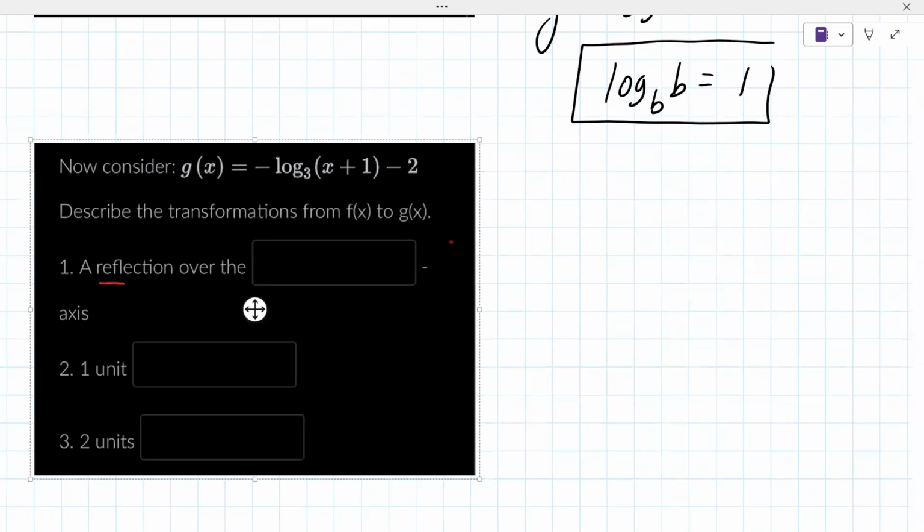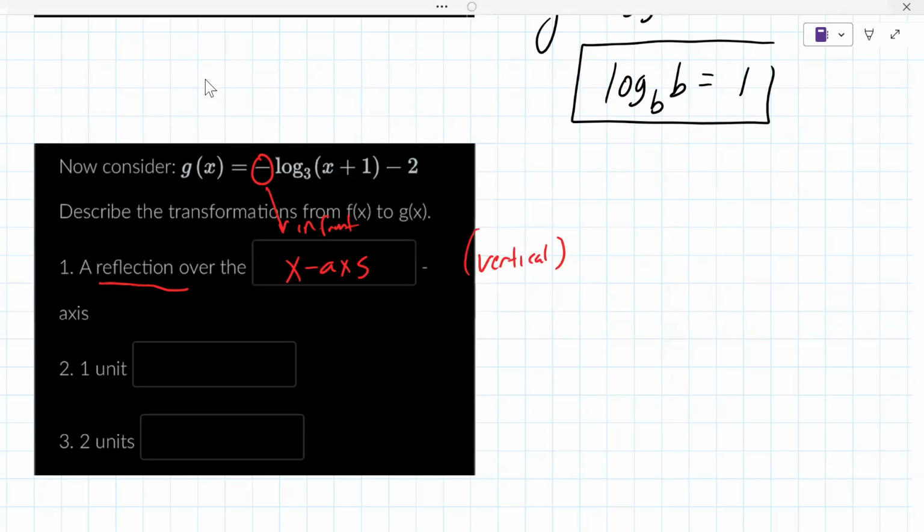So the reflection here is this right here, and when it's out in front, that's over the x axis. It's considered a vertical transformation. The +1 is next. Do you remember if that's left or right? Left, yeah. And then 2 units down.